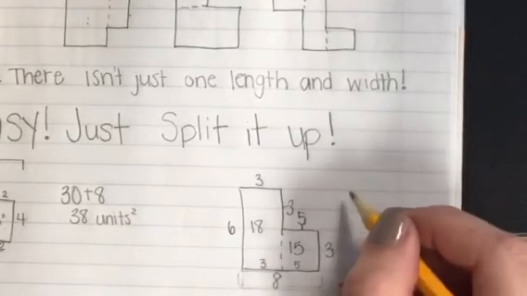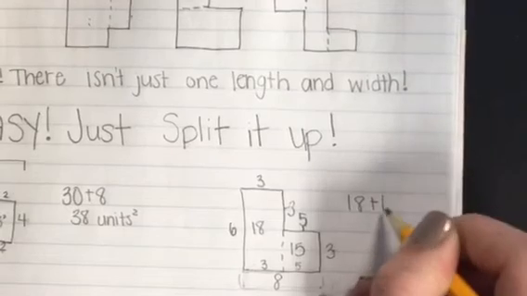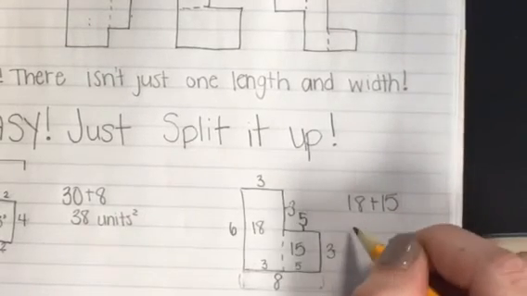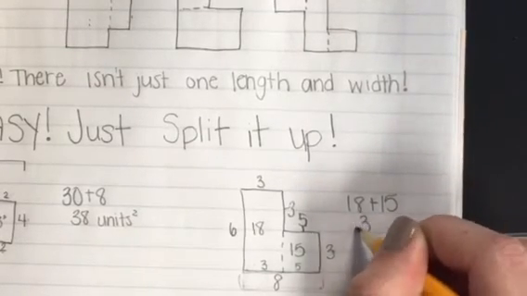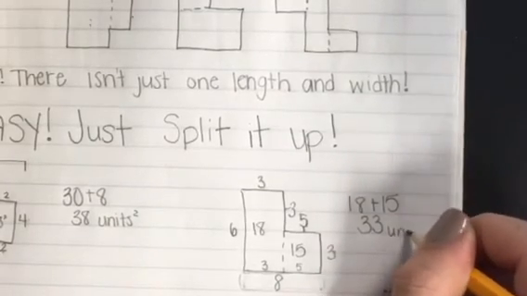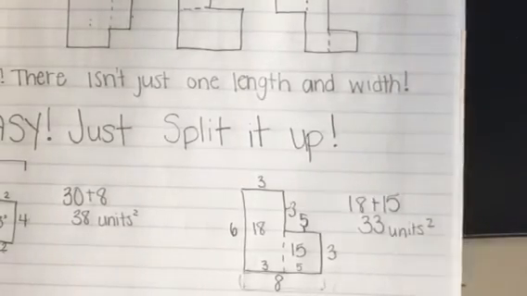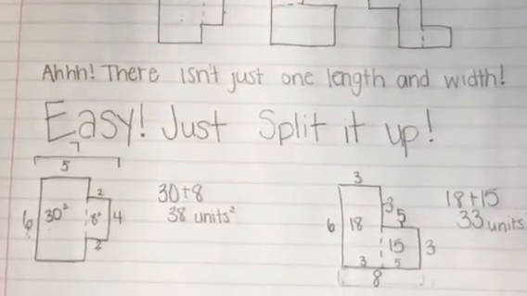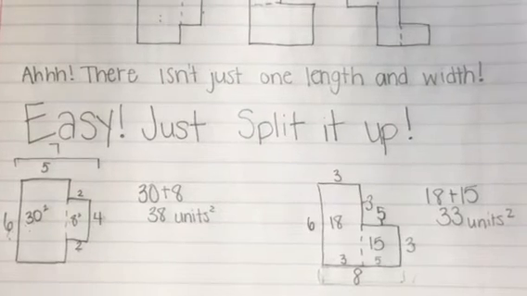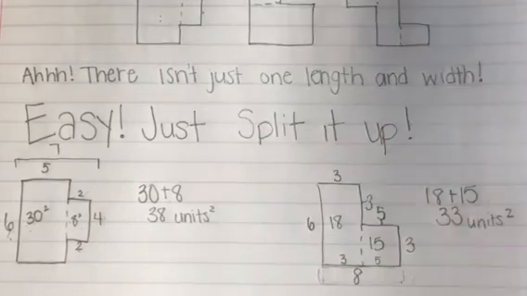I add them together. So 18 plus 15. And I know when I add those two numbers together, I have 33 units squared. All right, pause your video to get both of those copied down, and then I'm going to give you one to try on your own that we'll check tomorrow. And we're going to get some more practice with these tomorrow as well.